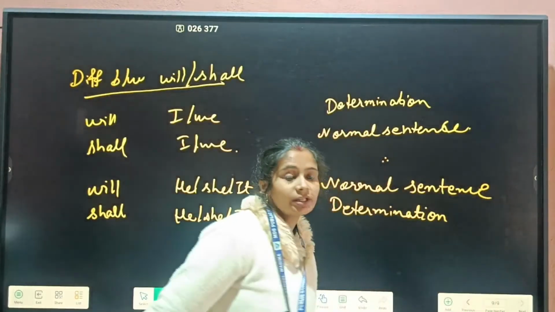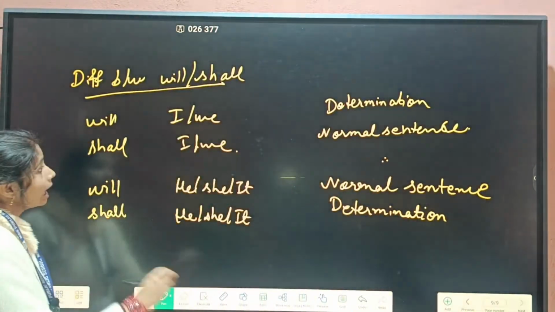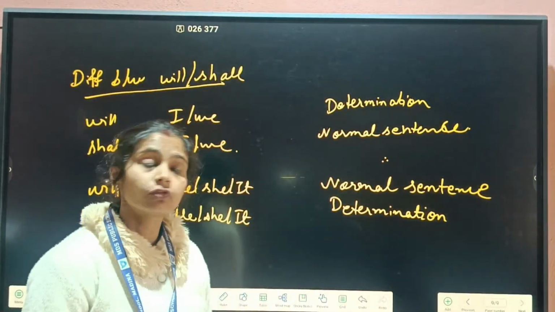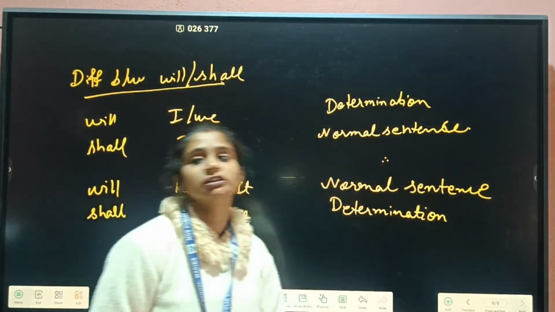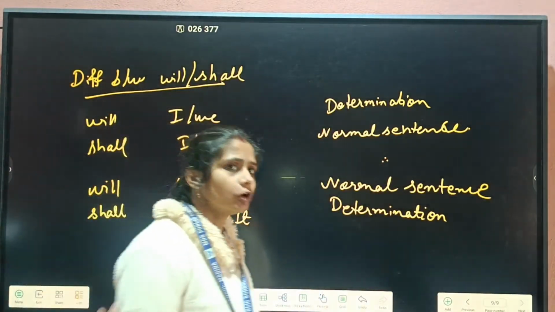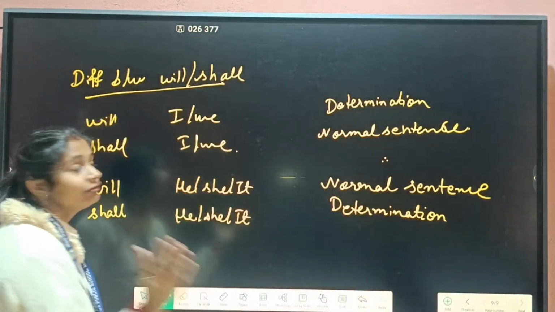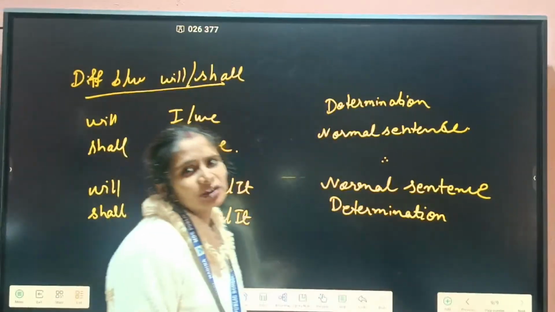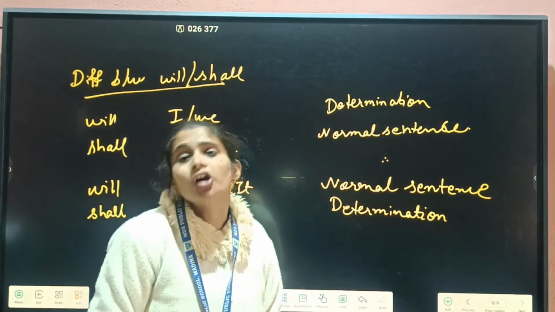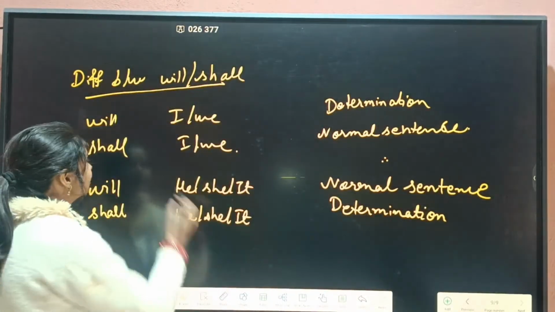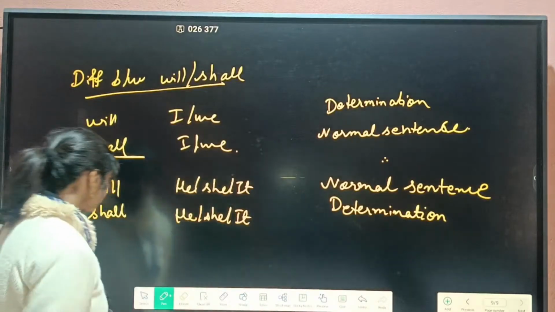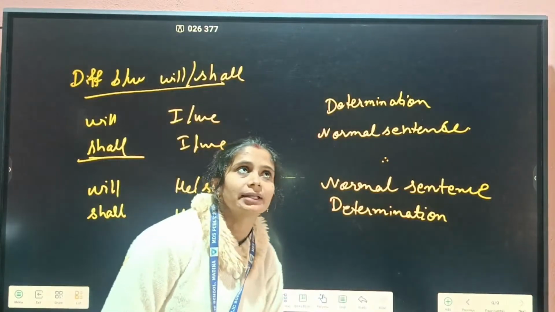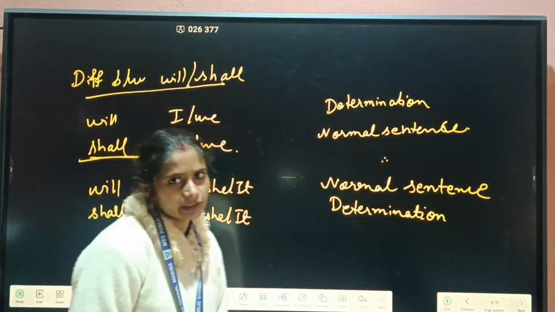If you have a strong determination for your work, like I will do this work, you really want to do this, then you say I will do this work. But if you are simply thinking, I shall do this, I can try, I shall try, then this is a normal sentence, and you can use shall. Now in a normal sentence with he, she, if normally you are telling that yeah, he will go there, you are not sure.